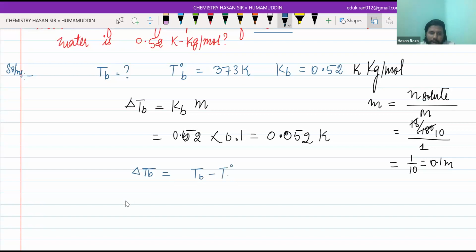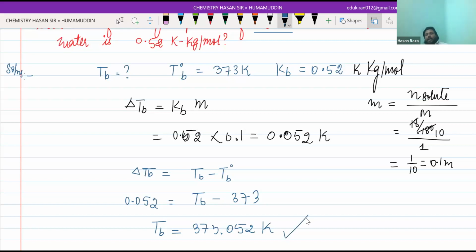We already have 0.052, and we need to calculate the boiling point of solution, which is TB. I'm going to put TB here, minus the boiling point of solvent, which is given as 373. If you move this to the left hand side, it will be positive, and TB will be equal to 373.052. This will be the boiling point of solution. You can see it is elevated, increased. Please do write it.